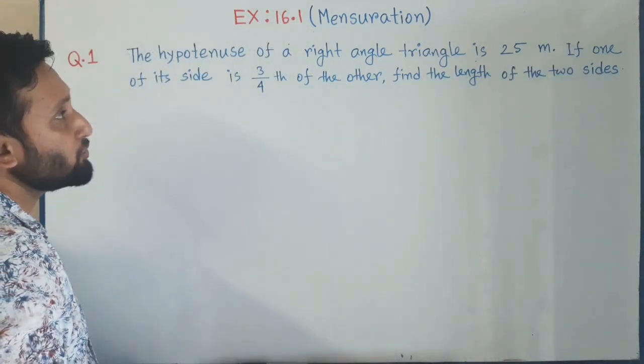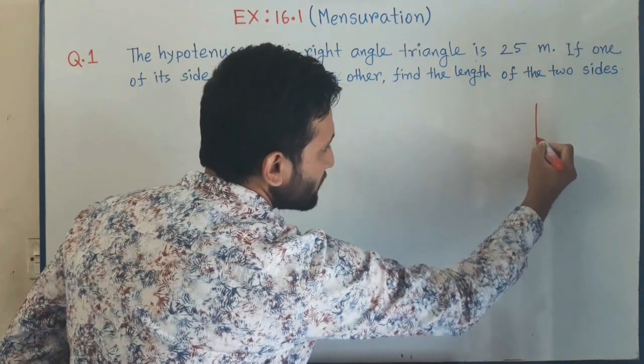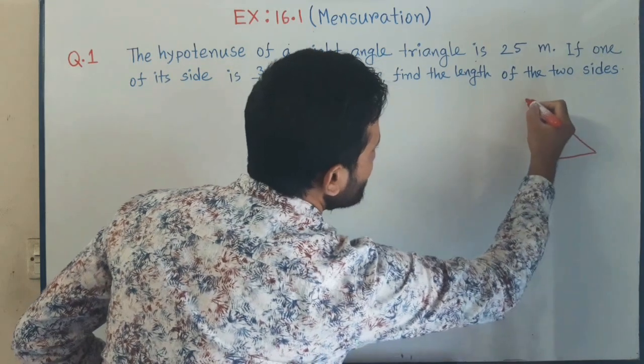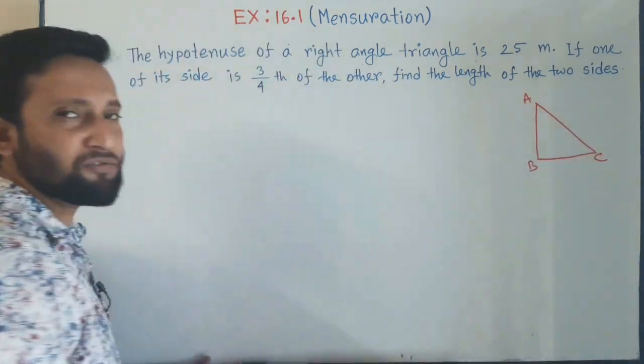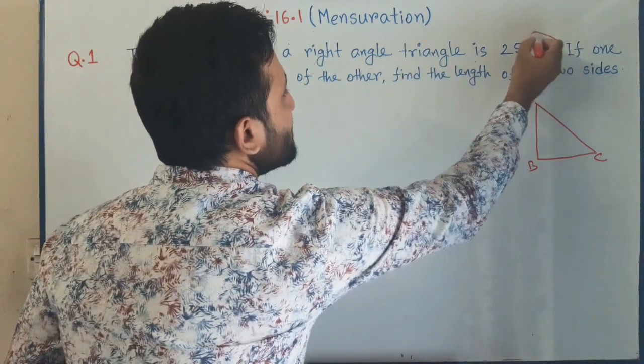According to this question, at first draw a figure like this. Suppose this is a right angle triangle, imagine this is ABC, a right angle triangle. According to the question, the hypotenuse of the right angle triangle is 25 meter.